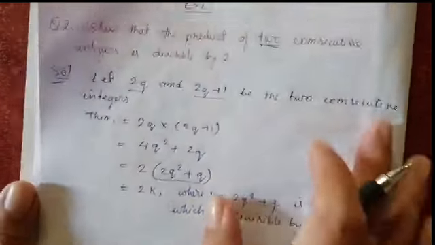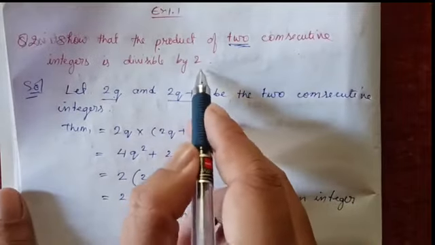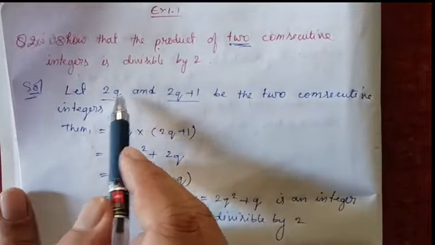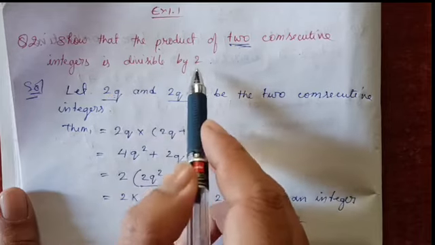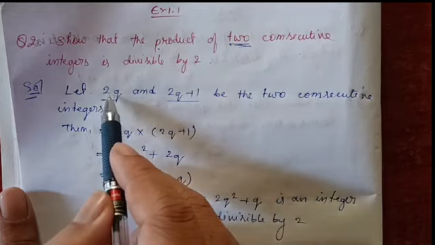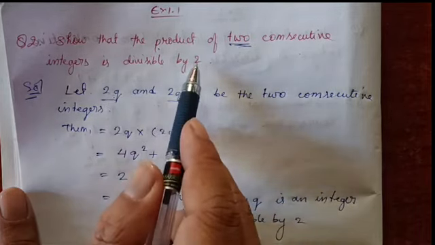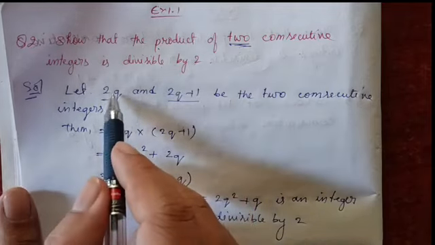If the question says by 2, then take 2q. If it is 3, take 3. So in our question it is only 2. That is why we take 2.